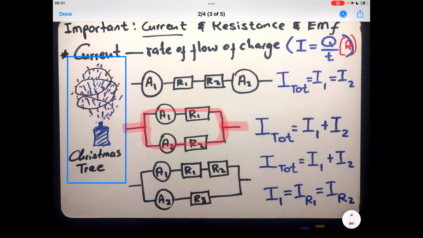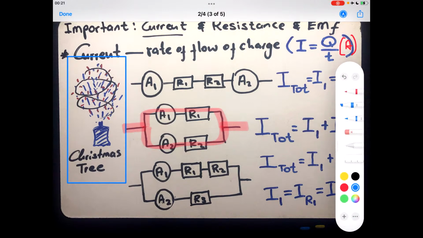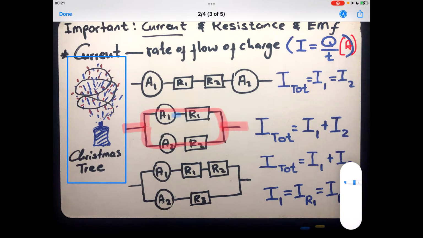Meaning, good people, the water passing through here could be the same or it could be different when you compare it with the water passing through there. It all depends on the size of the pipe on this side and also the size of the pipe on this side.